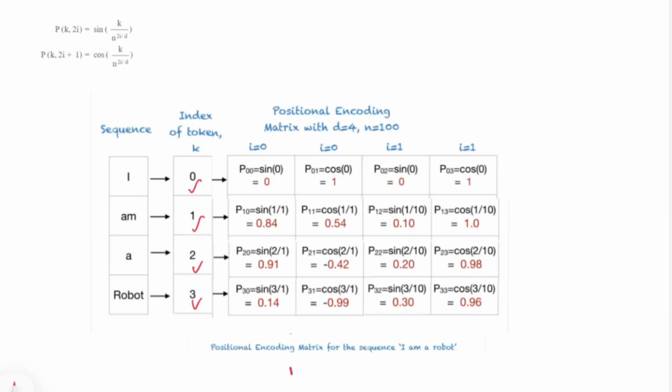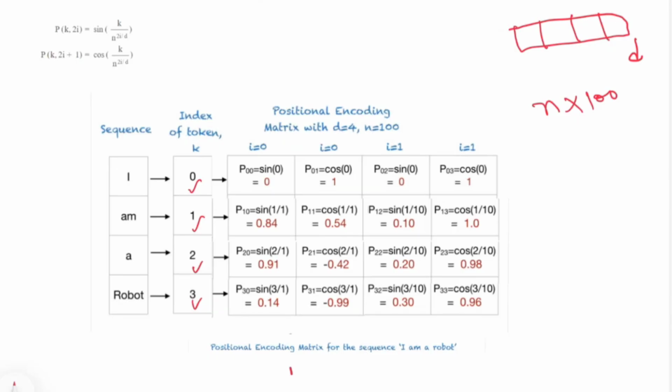Suppose in advance I know that I'm having a vector for each word. Just take this example only. Suppose we have four words, so I'm having a 4-dimensional vector for each word. That means our d is 4. And n equal to 100, suppose we have 100 words in the given input.